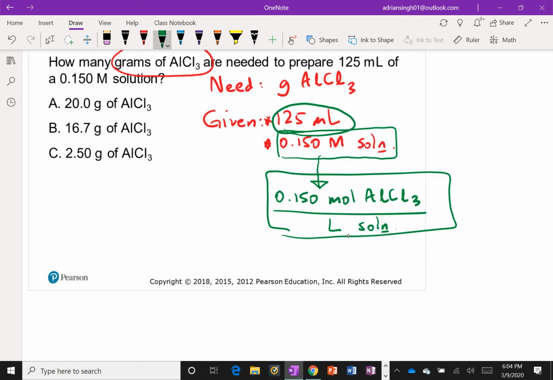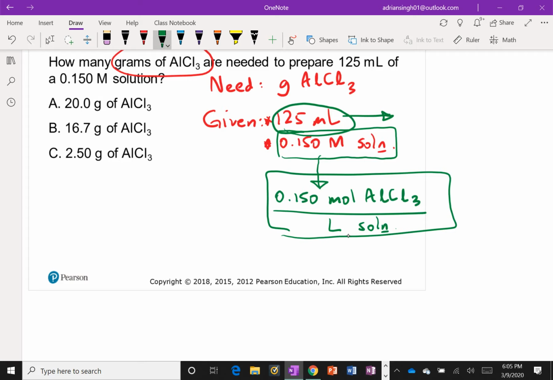This is in mils, this is in liters. So we can convert our milliliters to liters, and that's something that you should know how to do at this point. What's 125 mils in liters? 0.125 liters, right?